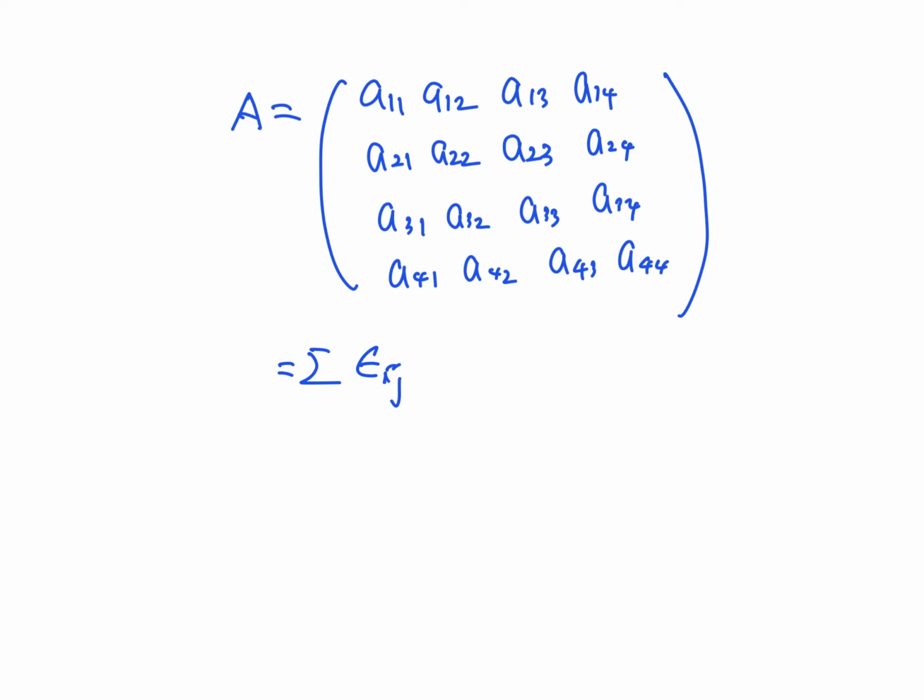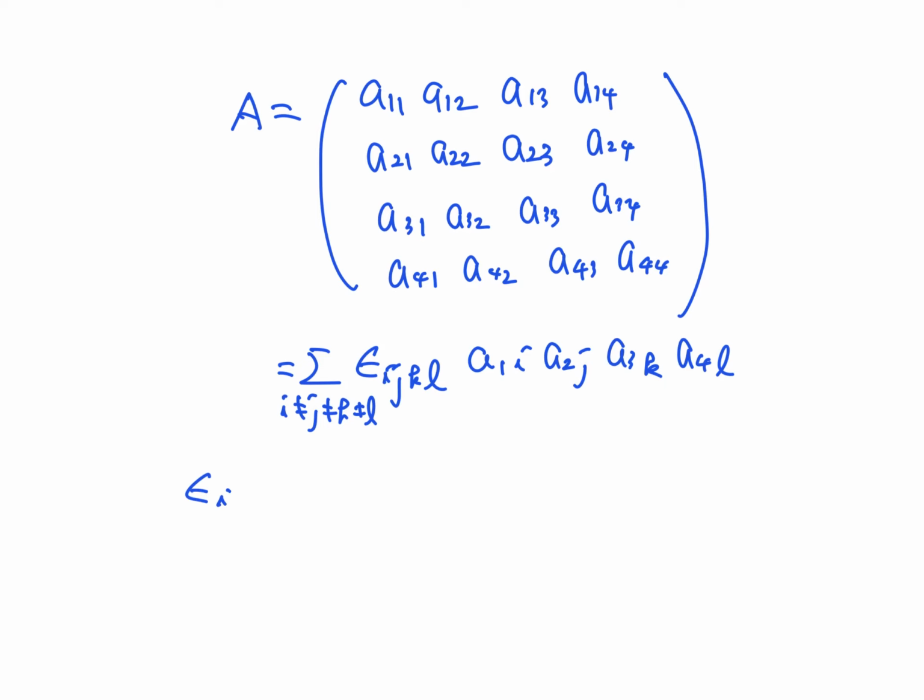Epsilon ijkl a1i a2j a3k a4l, summed over i, j, k, l. So it's a generalized Levi-Civita.